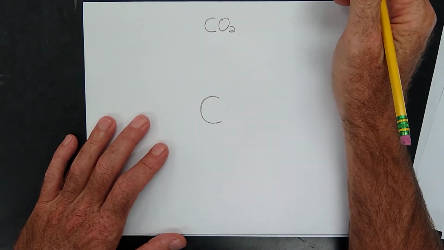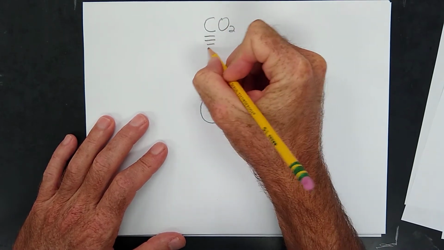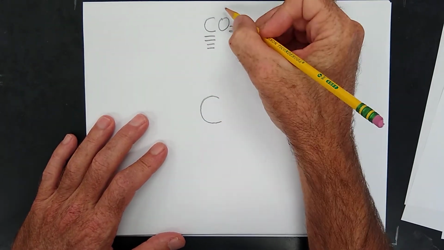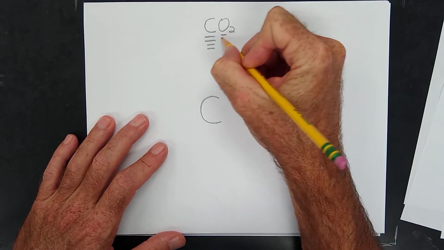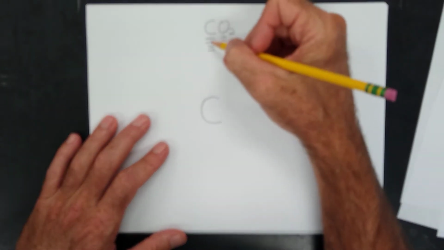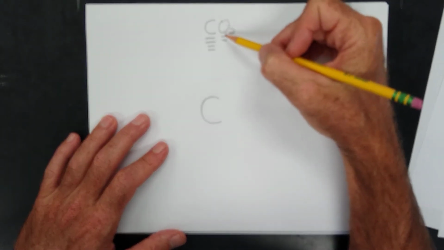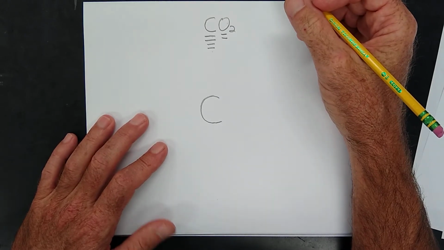All right? Carbon dioxide. Carbon wants to have 4 lines drawn to it. Every oxygen wants to have 2 lines drawn to it. Why? Carbon needs to share 4 more electrons to get up to 8. Oxygen needs to share 2 more electrons to get up to 8.